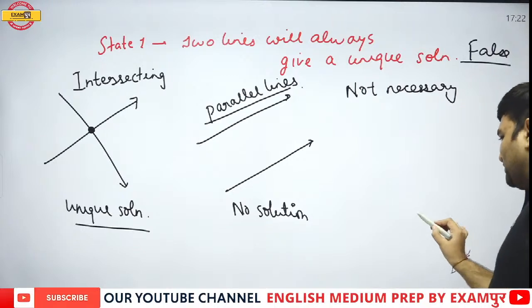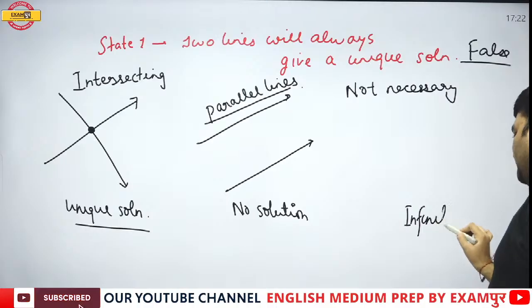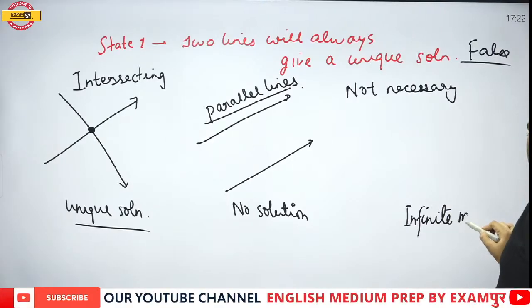Guys, what is the case of infinitely many solutions in case of two lines?